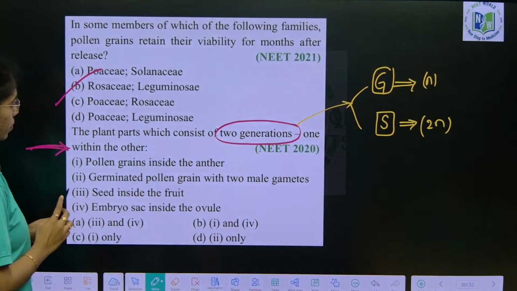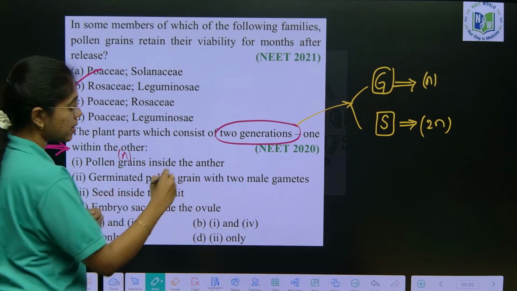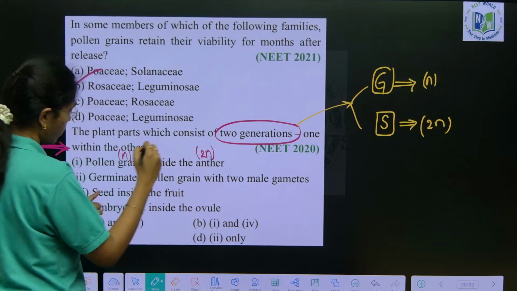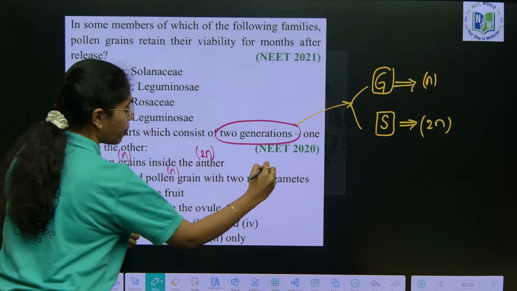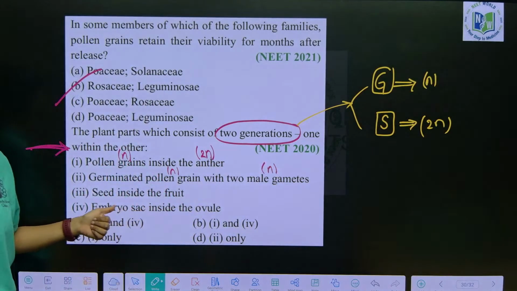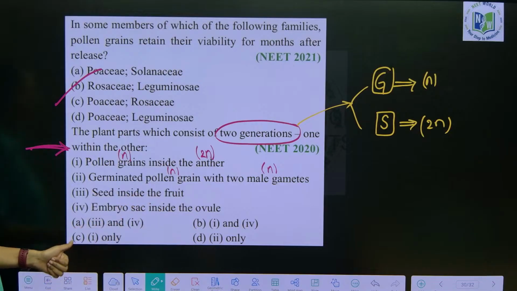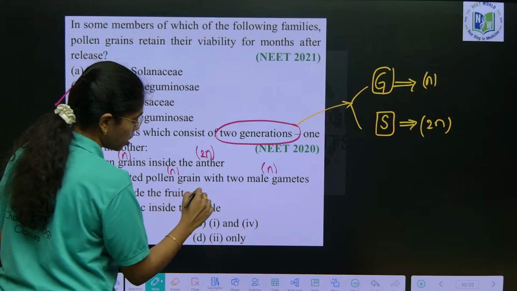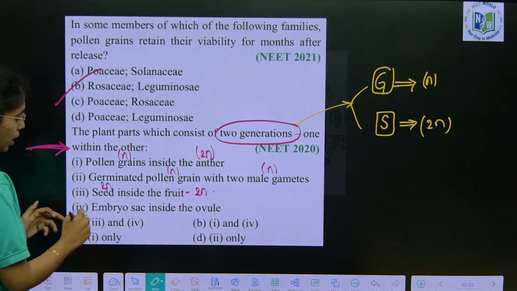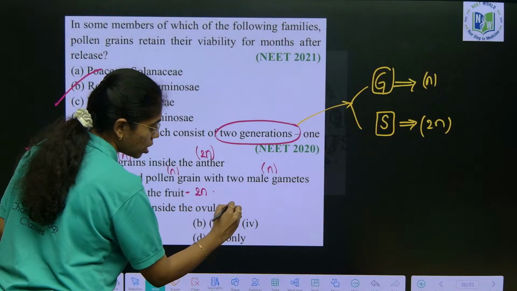1, 3. Pollen grain ploidy is haploid, whereas anther ploidy is diploid. Germinated pollen grain with two male gametes: pollen grain is haploid, and the two male gametes are also haploid, because male gametes are the result of mitotic division of the generative cell. Seed ploidy is diploid, fruit ploidy is clear. Next, embryo sac is haploid, which is inside the ovule. Ovule is diploid.